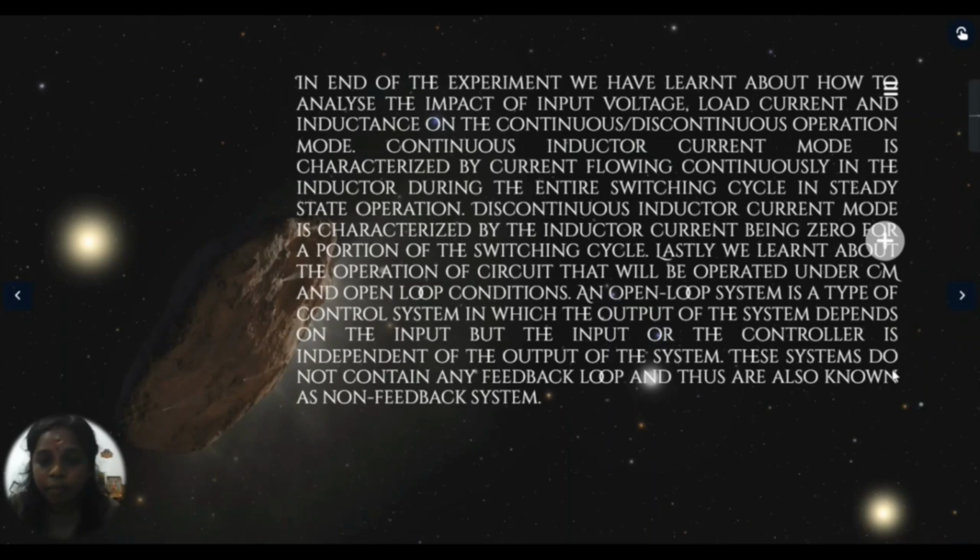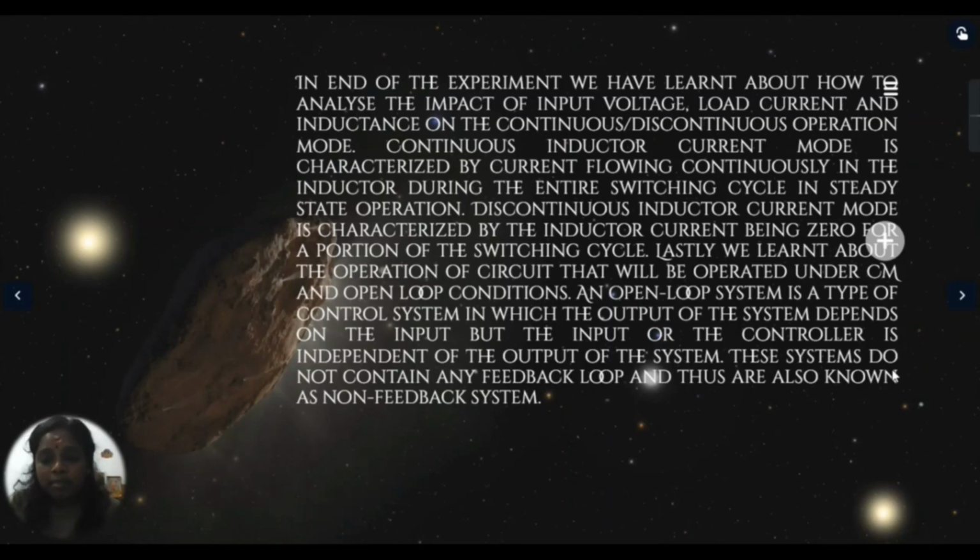Discontinuous inductor current mode is characterized by the inductor current being zero for a portion of the switching cycle. Lastly, we have learned about the operation of the circuit that will be operated under CCM and open loop conditions.